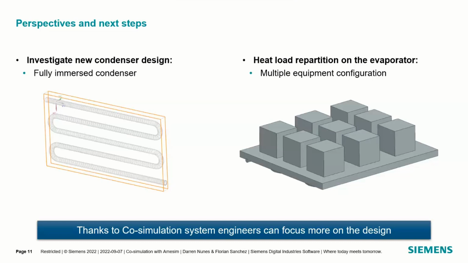As I said, the 3D computation can take into consideration all the local dissipation of the equipment. Using that, the system engineer can focus more on the design of the loop heat pipe rather than on the modeling assumptions and how to have a meaningful 1D model. So I think that's all for that.